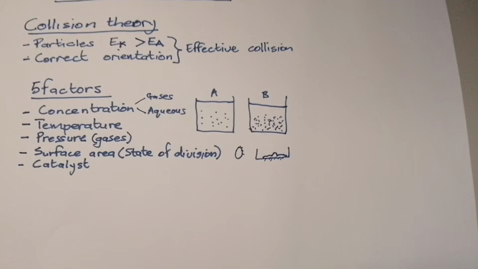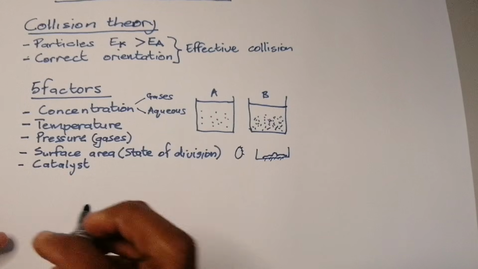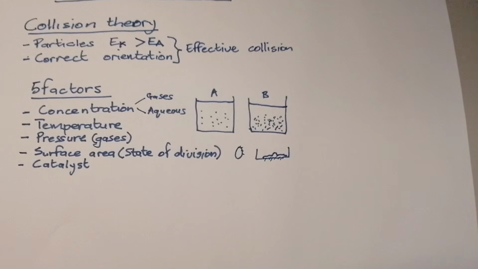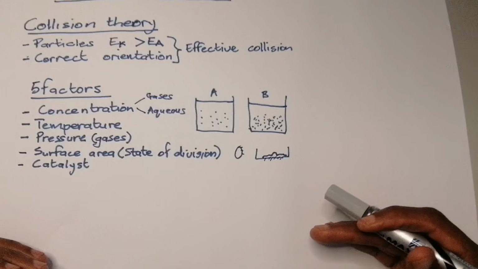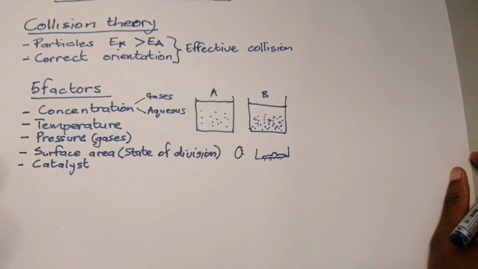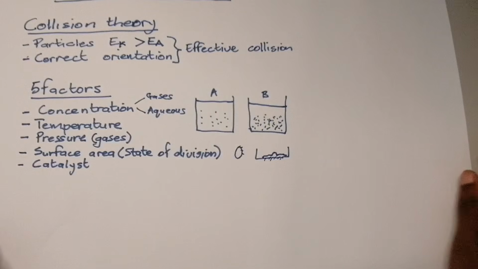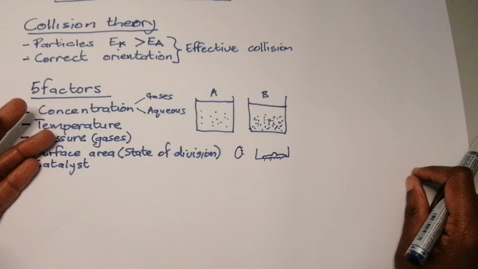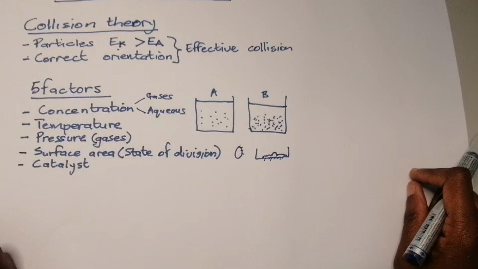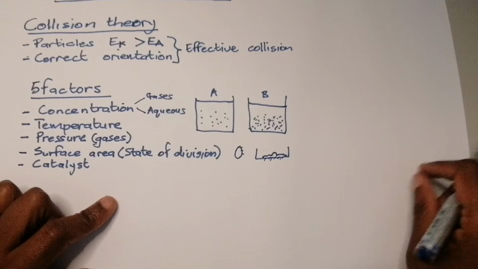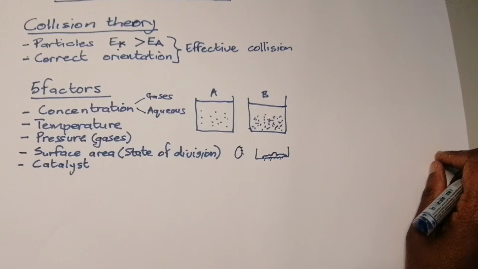And basically, how does a catalyst actually work? What it does is that a catalyst would lower the activation energy of a reaction. Now, I want you to imagine this. If we lower the energy that is required for the reaction to take place, all of a sudden it means that more particles possess sufficient kinetic energy, and therefore more effective collisions would take place.